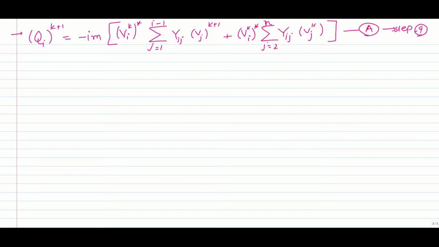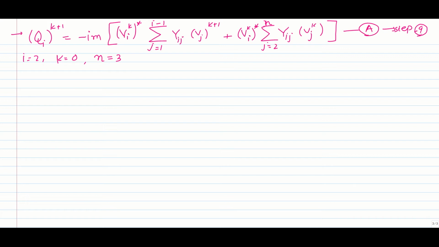Now for our bus number 2, we have to substitute i is equal to 2. For the first iteration, we need to substitute k is equal to 0. And for the entire network, the total number of buses is 3, so the value of n is equal to 3. Substitute all these values into the equation.